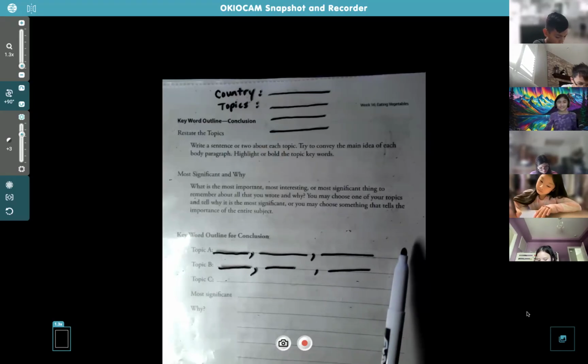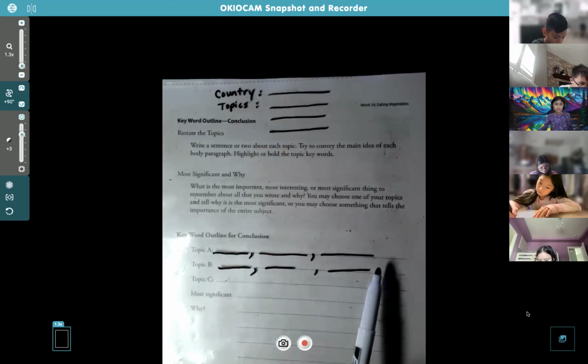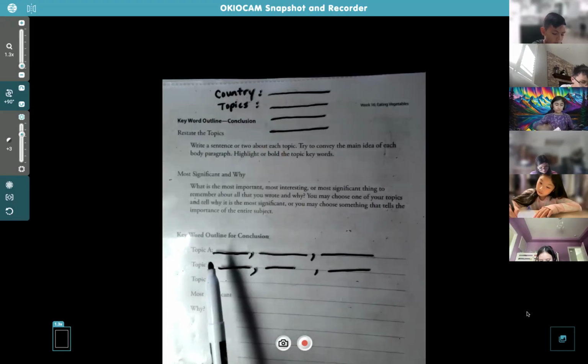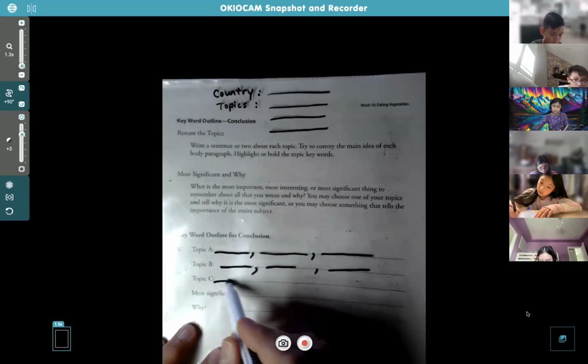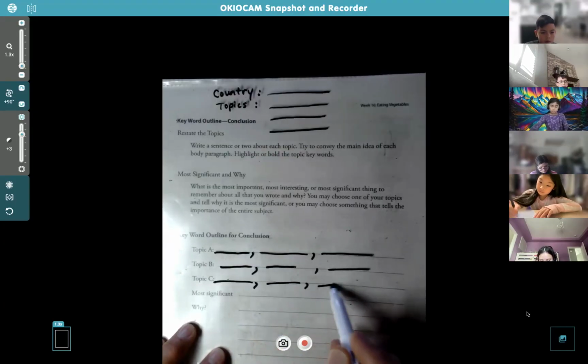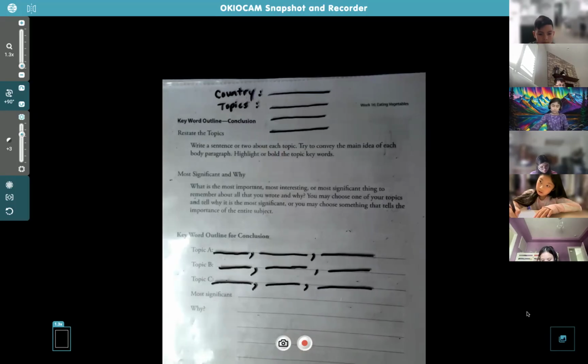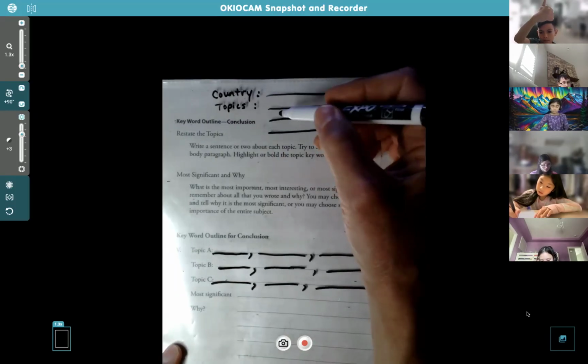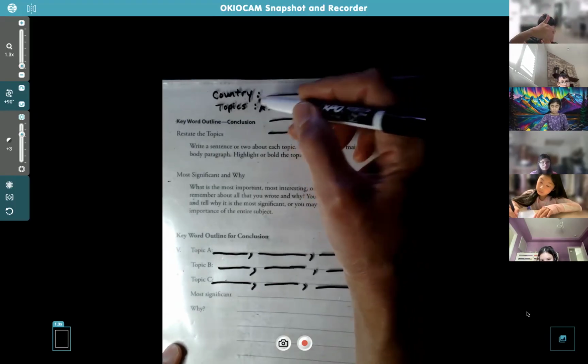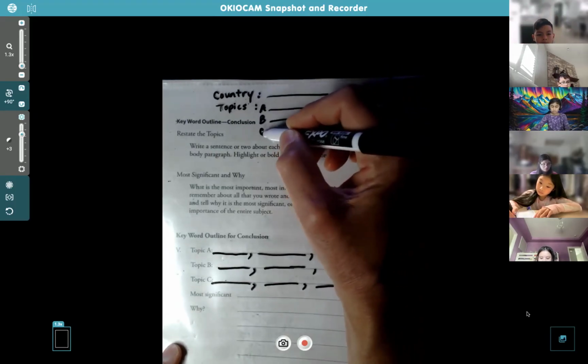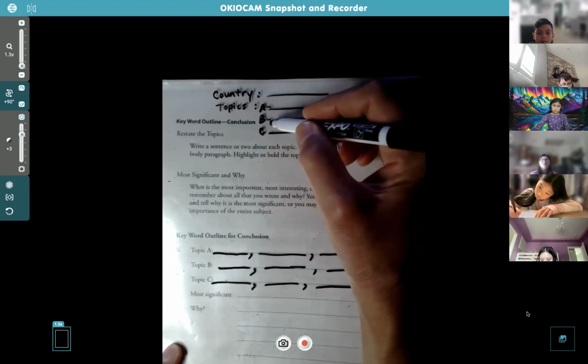Could draw a little mountain because you can only use 3 keywords here, but you can draw little pictures if you want to add more detail. So I'm going to give everybody a chance to fill out A, B, and C here. You're using your topics from up here. So this would be like topic A, topic B, topic C up here.